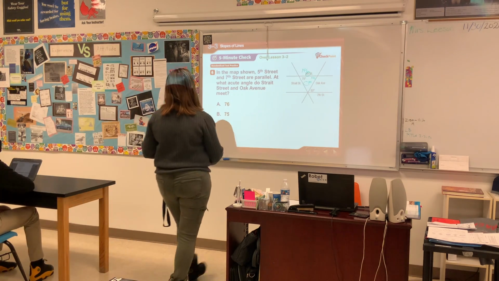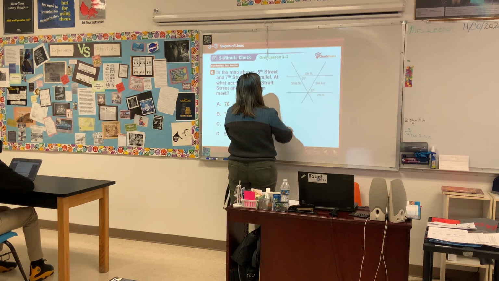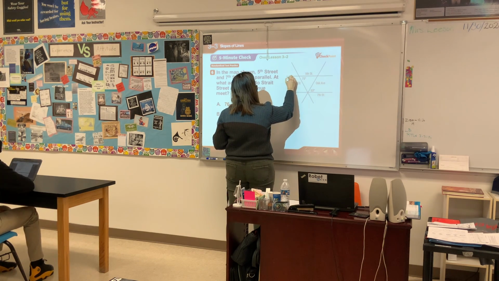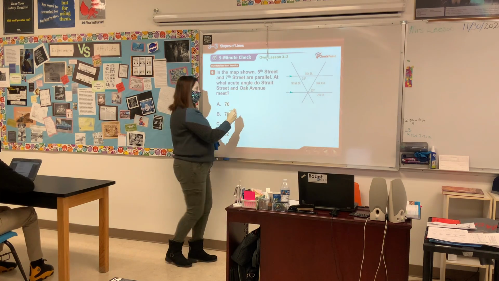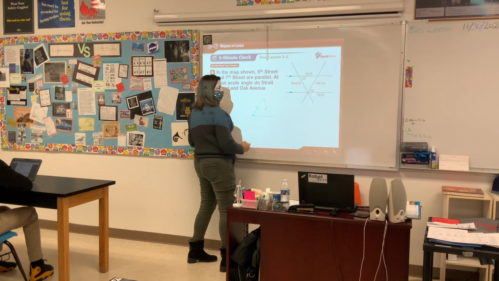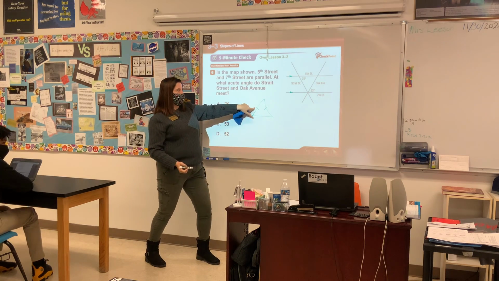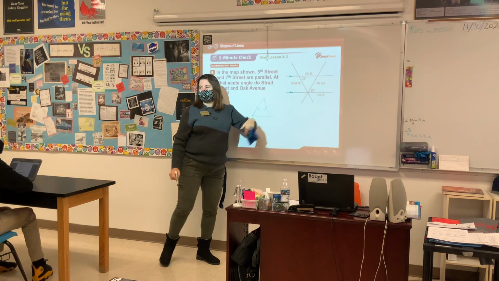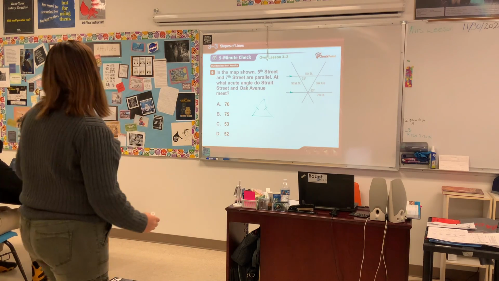Okay, we have 5th Street and 7th Street. Those two lines are parallel. We use this symbol to indicate that they're parallel, just like when we had a triangle before and we said, oh, this is the same as this, and we said those are congruent, the same size. This means congruent, these mean parallel. Okay, so those two are parallel.